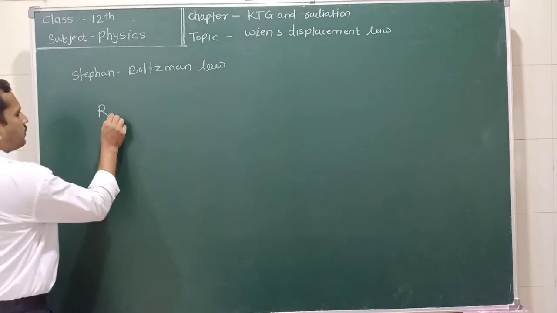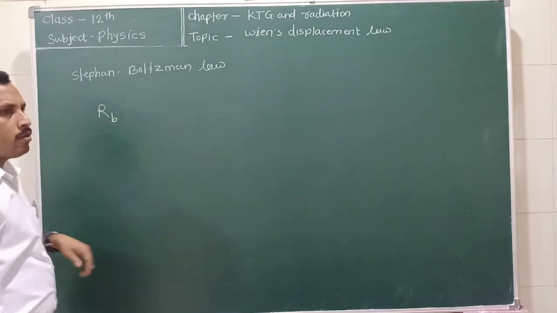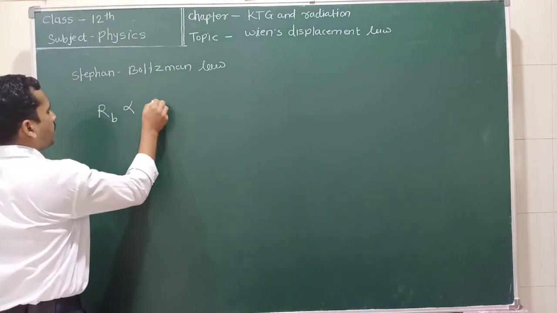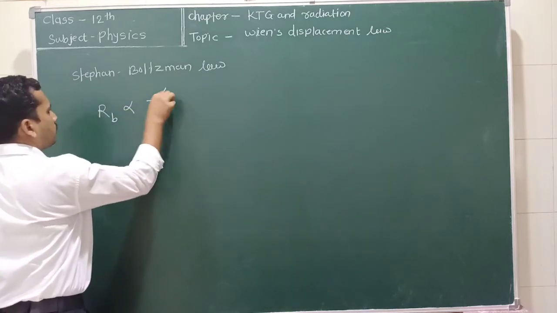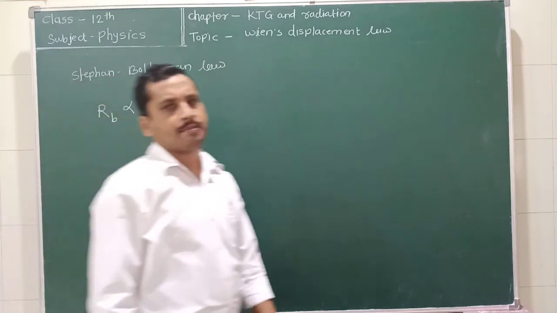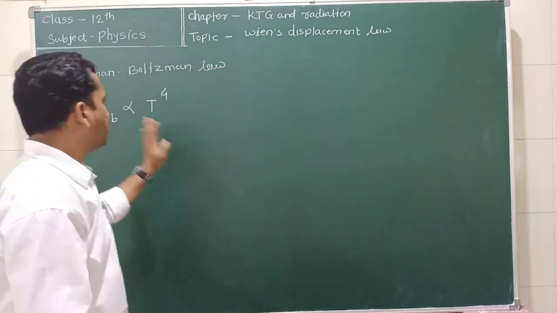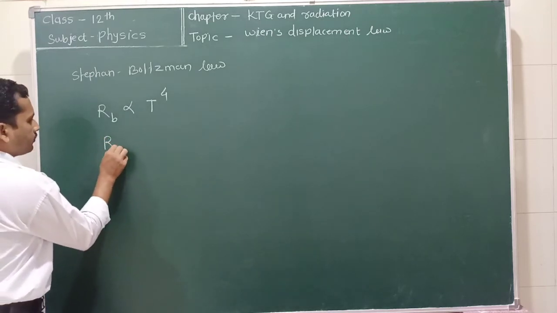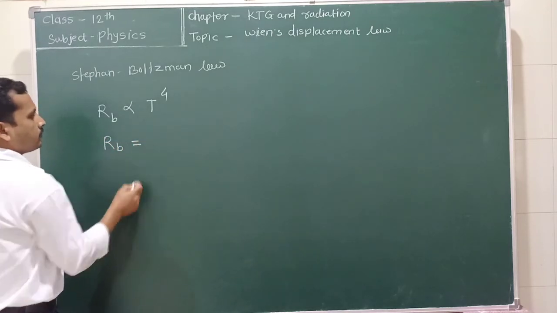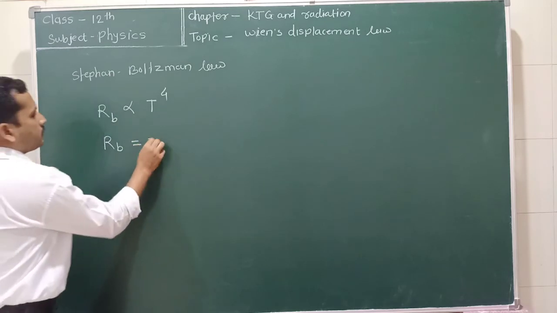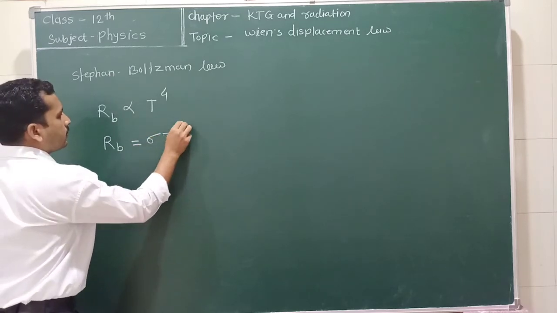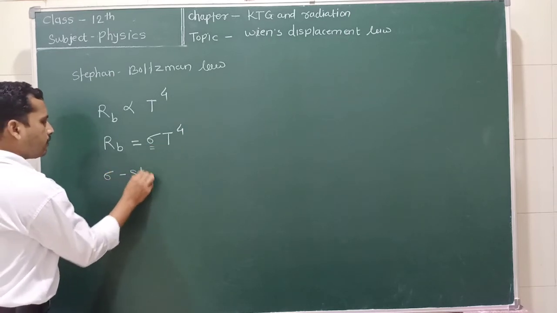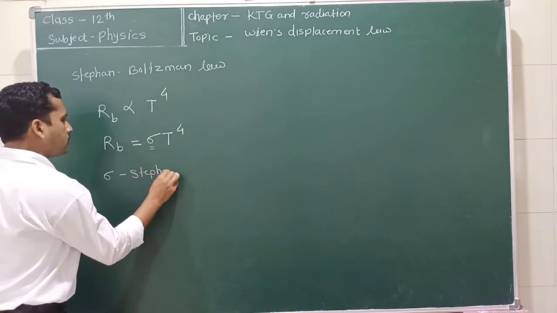So, the emissive power of the black body, denoted by RB, is directly proportional to the fourth power of the absolute temperature of the black body. This is Stefan's sigma multiplied by T to the power 4, where sigma is nothing but Stefan's constant.